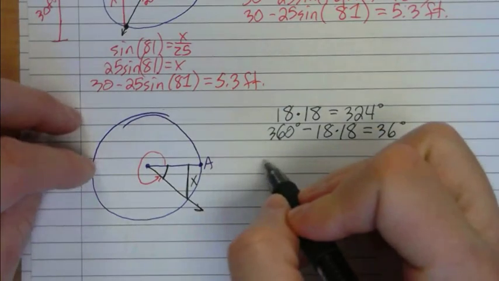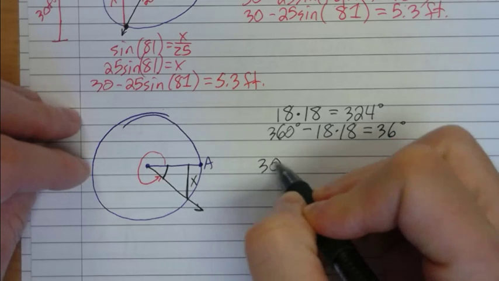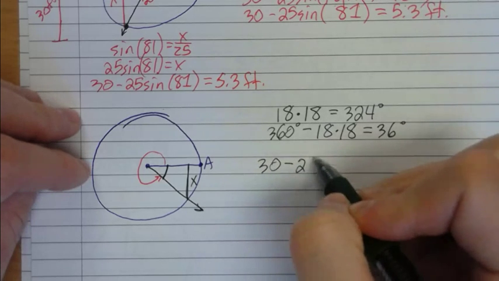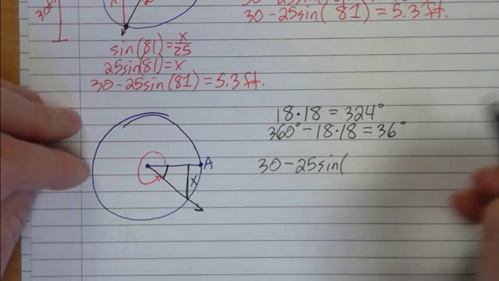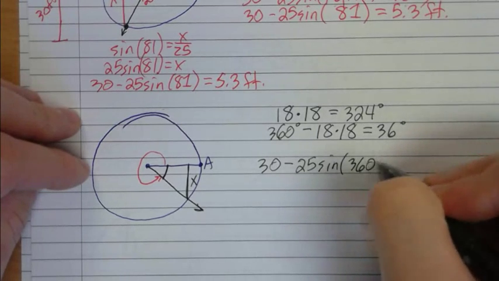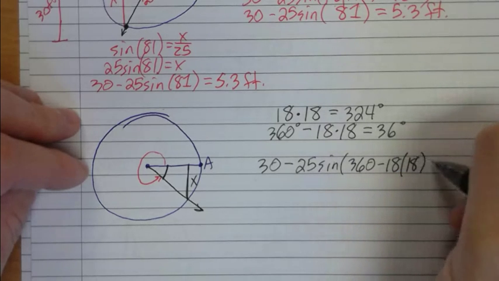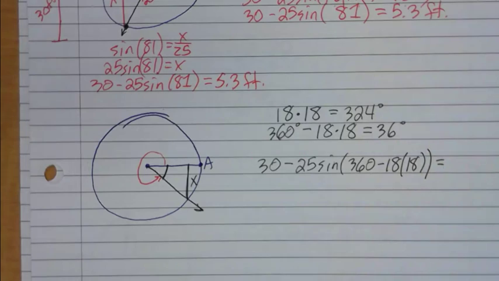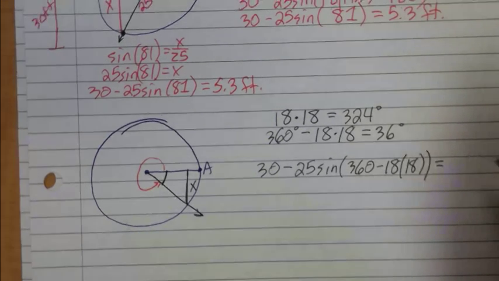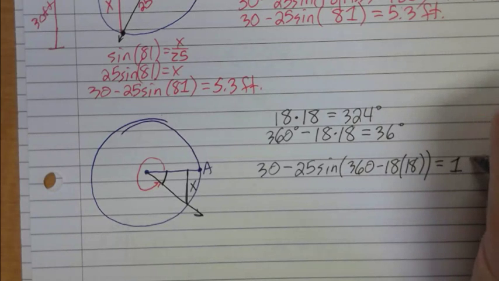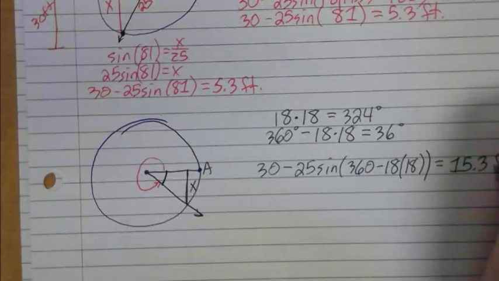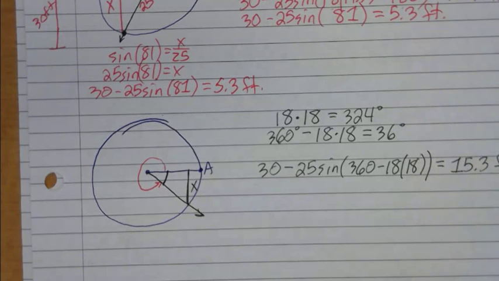So our equation for this last quadrant ends up being 30 feet minus the 25 sine of 360 minus 18 times 18 seconds. And that's about 15.3 feet off the ground.